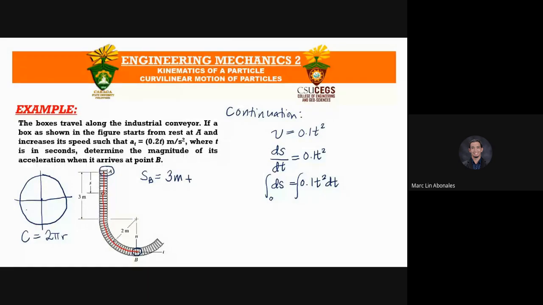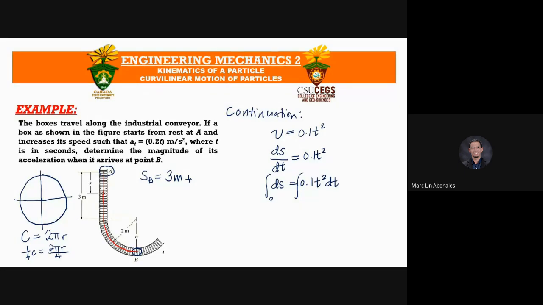So the equation we will use is 1/4 of the circumference of the circle, which is 2 pi r over 4.